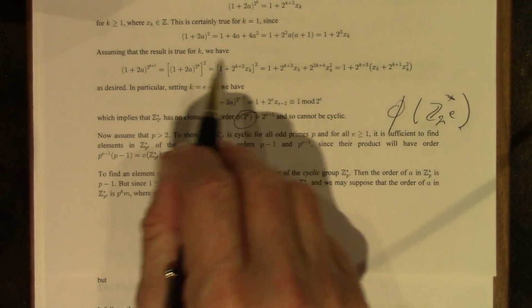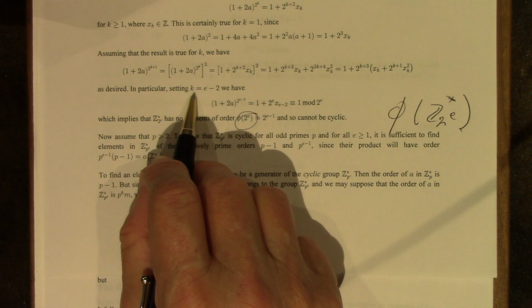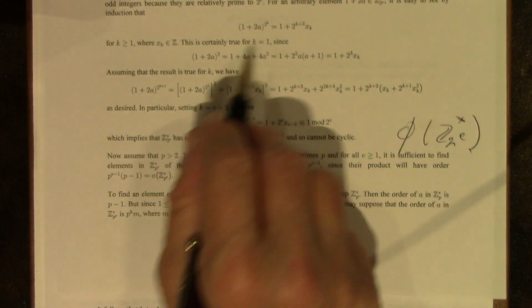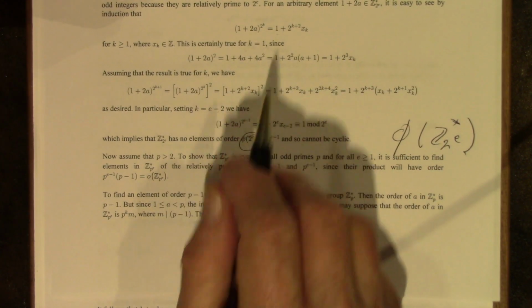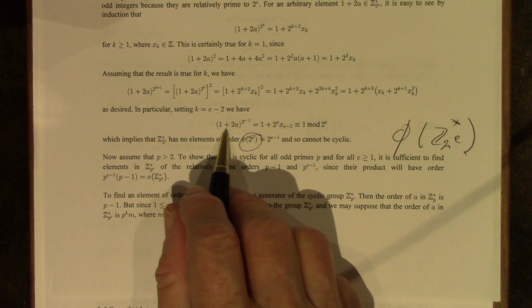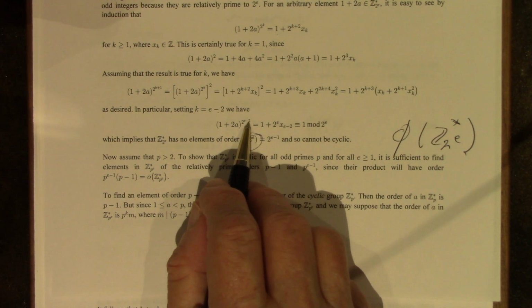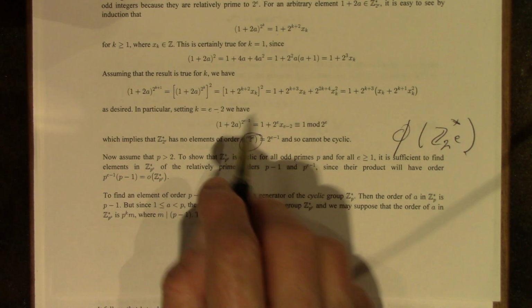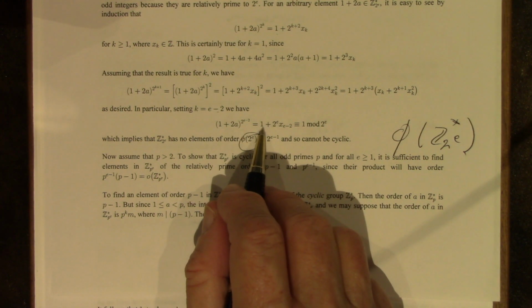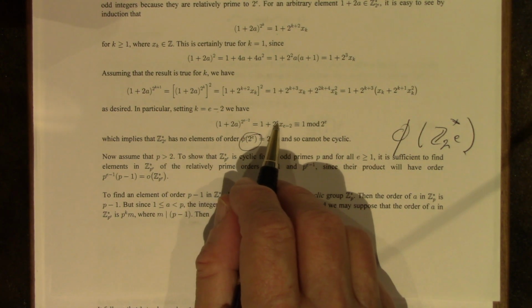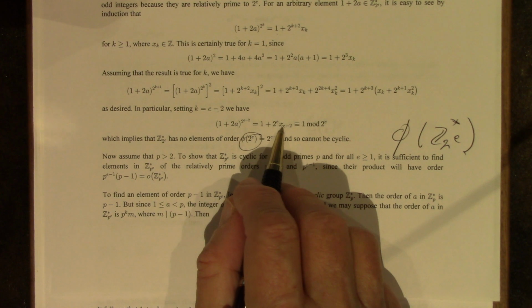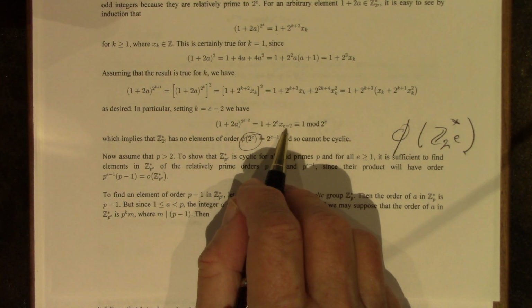Okay, so if we set k equal to E minus 2 in this formula, then 1 plus 2 to the 2a, which is an arbitrary element of the group, raised to this power 2 to the E minus 2, is equal to 1 plus 2 to the E and something else, x sub E minus 2.